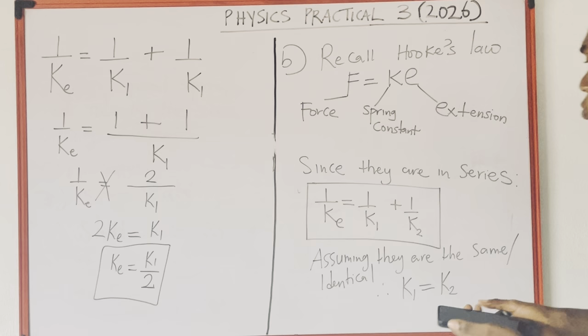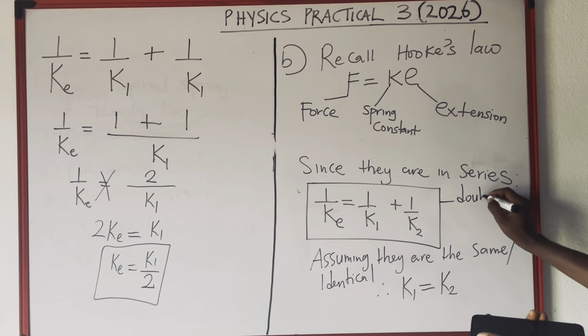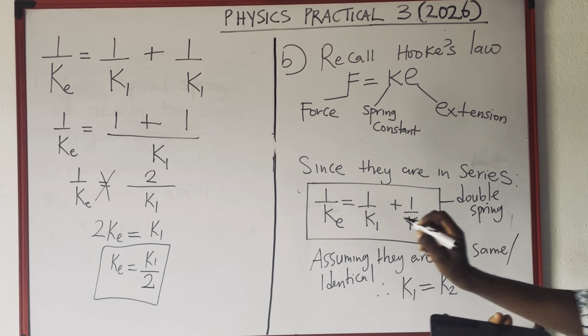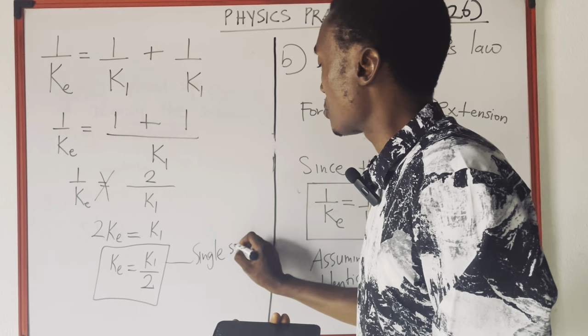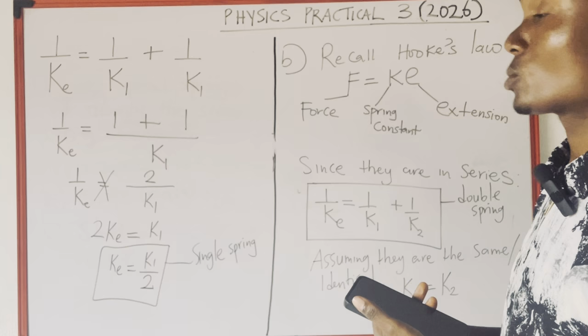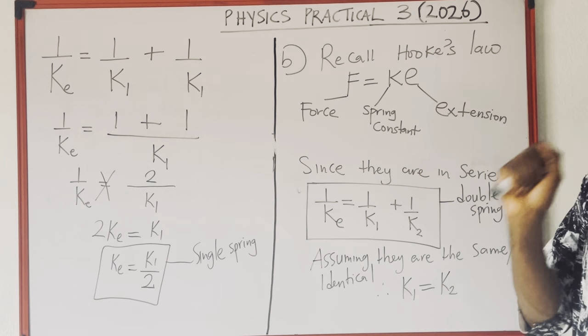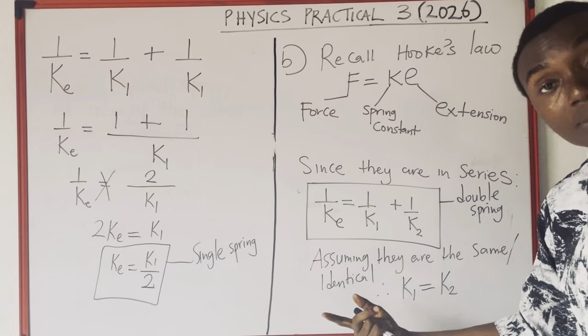So this first one we solved was for the double spring, and this is for the single spring. Take notes. Single, same, identical.